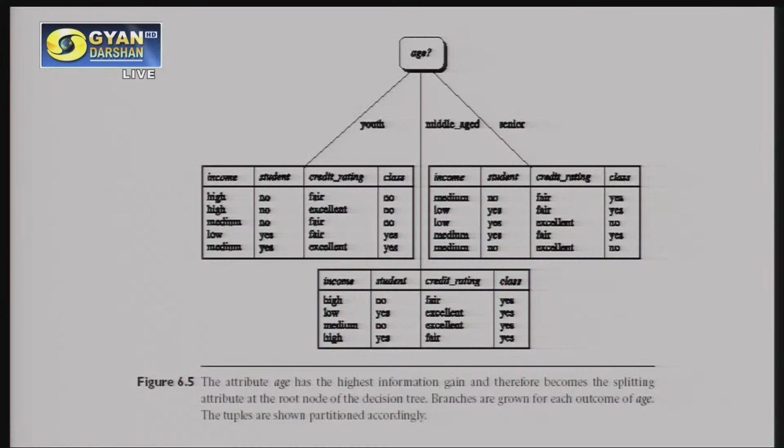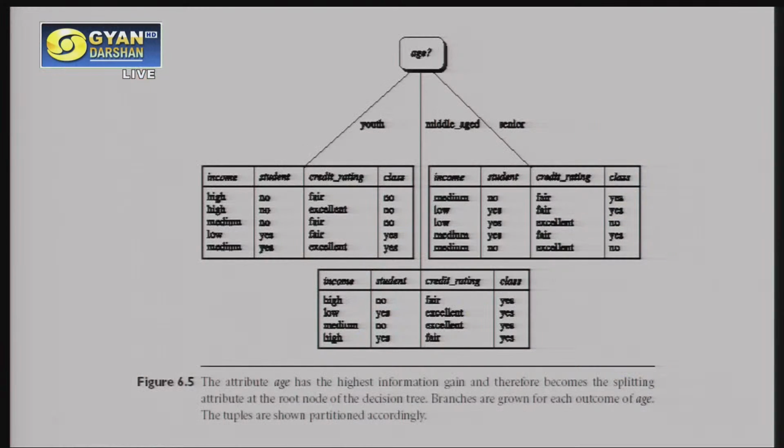So one can say that if age is youth, you go to the left side. If age is middle, you go to the middle one. If age is senior, you go to the right one. Based on further processing of your data, you are going to have a sub node here.